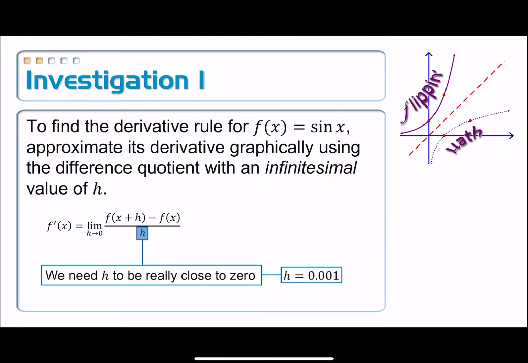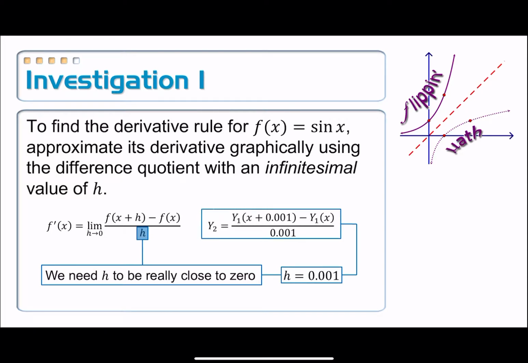So I'm going to put this in my calculator just like I did for the one for e to the x. In one of my equations, say y1, I will put sine x, and then in y2, I will put the difference quotient using a very small h value right here.